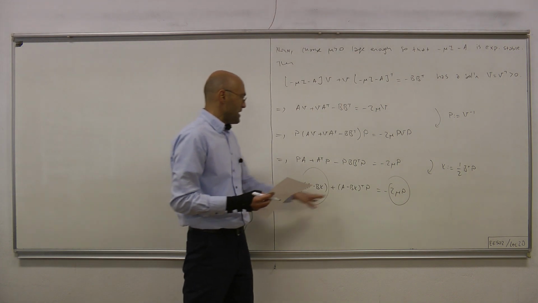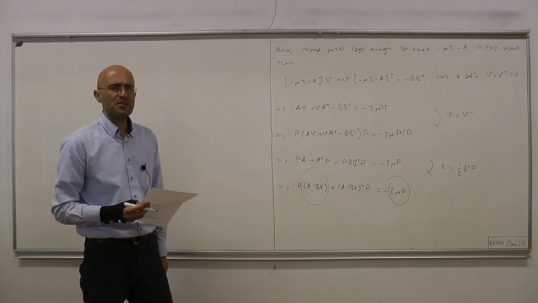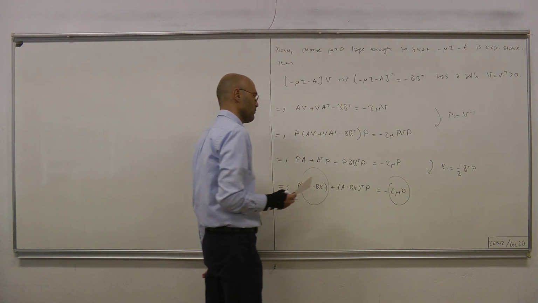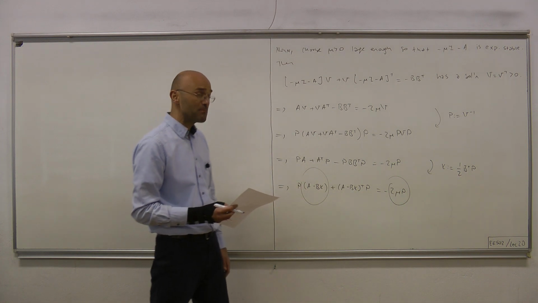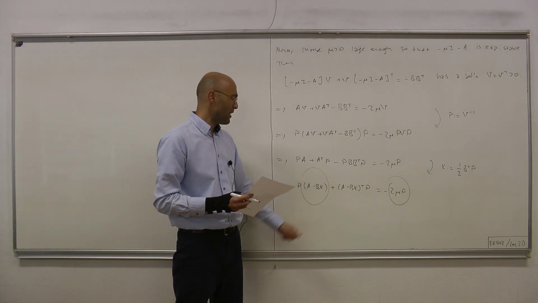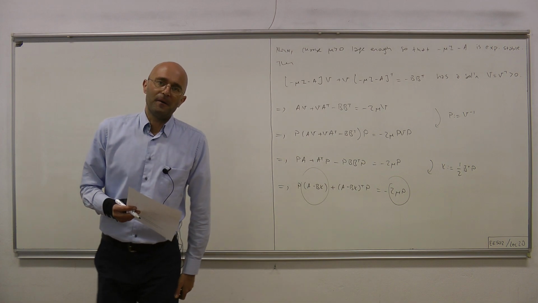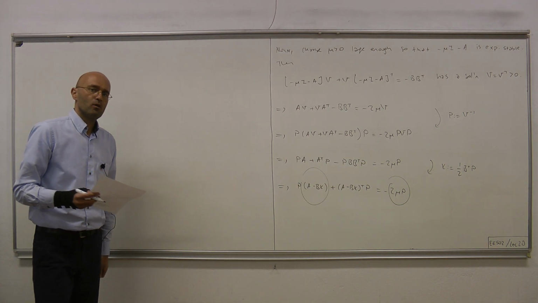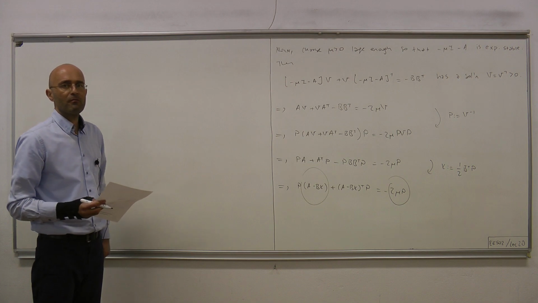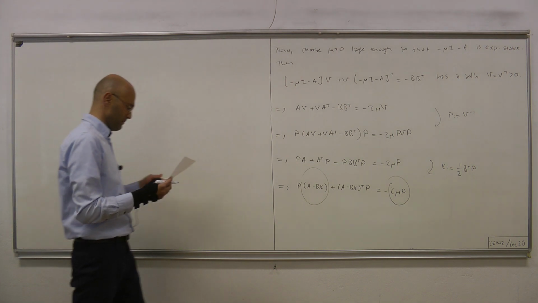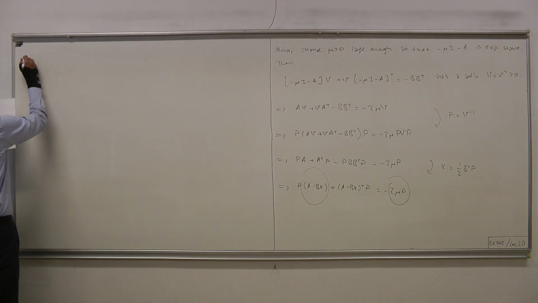Because P and Q are positive definite matrices, from the Lyapunov test for exponential stability it must be that this matrix A minus BK is exponentially stable. All the eigenvalues have negative real parts.